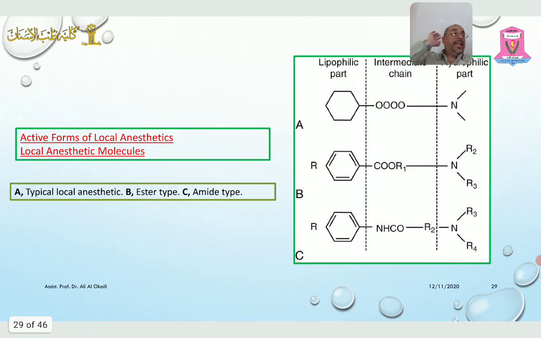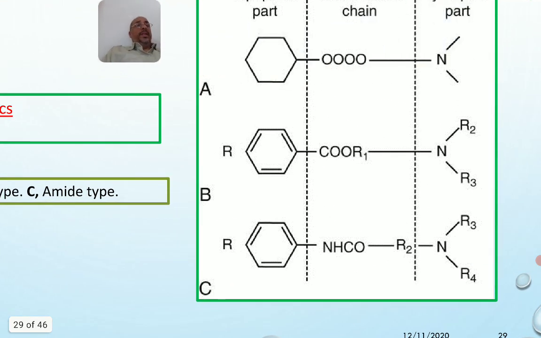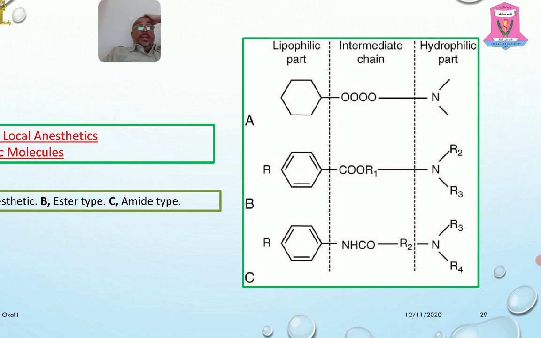هذا التشكيلة الكيميائية اللي هي واضحة بهذا الدايجرام. نشوف به الليبوفيليك بارت اللي هو الجزء الذي يذوب في الدهون، ونتذكر دائما انه النيرف فايبر هو مادة دهنية، المايلين هو مادة دهنية mostly lipid and protein، لكن هو mostly is lipid. فاحنا محتاجين جزء دهني اللي يذوب بالنيرف فايبر، ومحتاجين جزء water soluble اللي هو يتحول الى جزء ايوني حتى يتدخل لنا وين بالاكشن بوتنشال بالديبولاريزيشن والريبولاريزيشن phases of formation of the nerve impulse and its propagation.